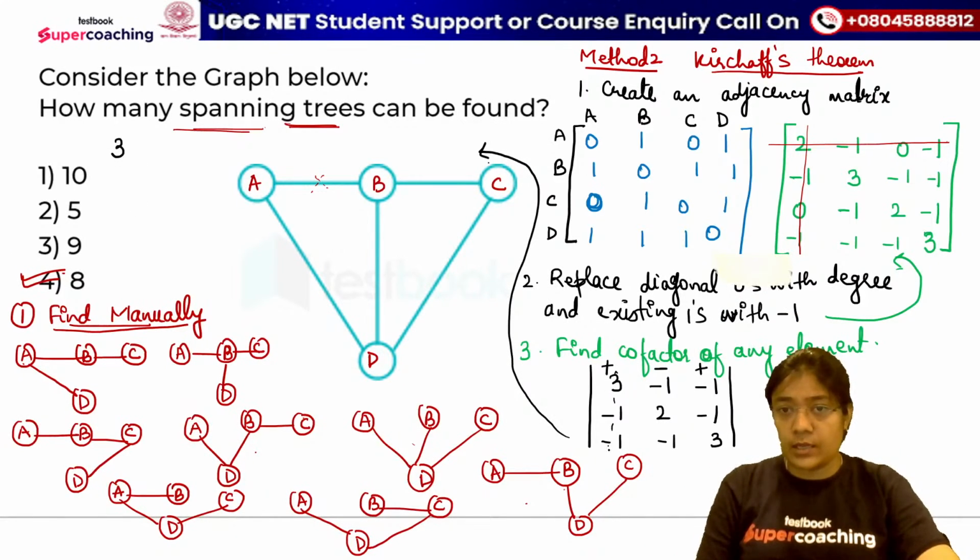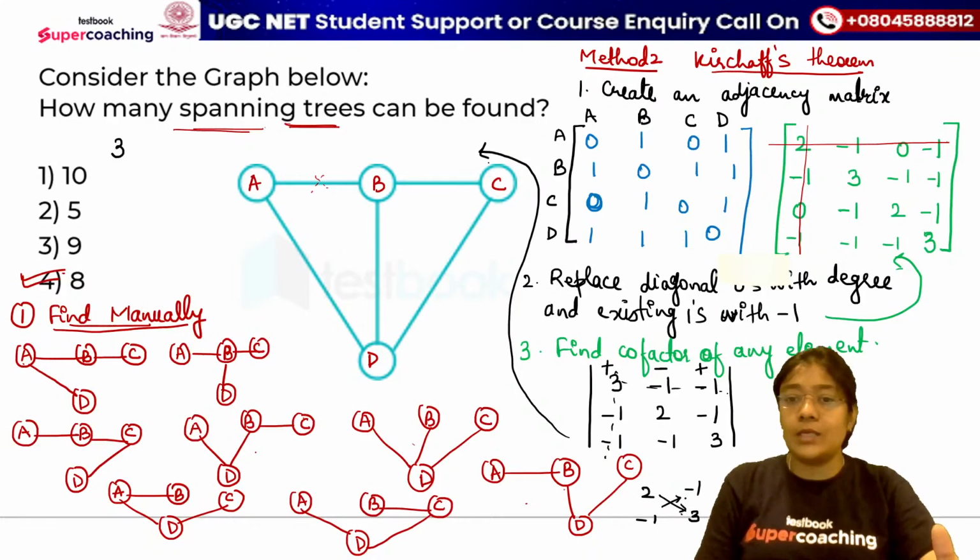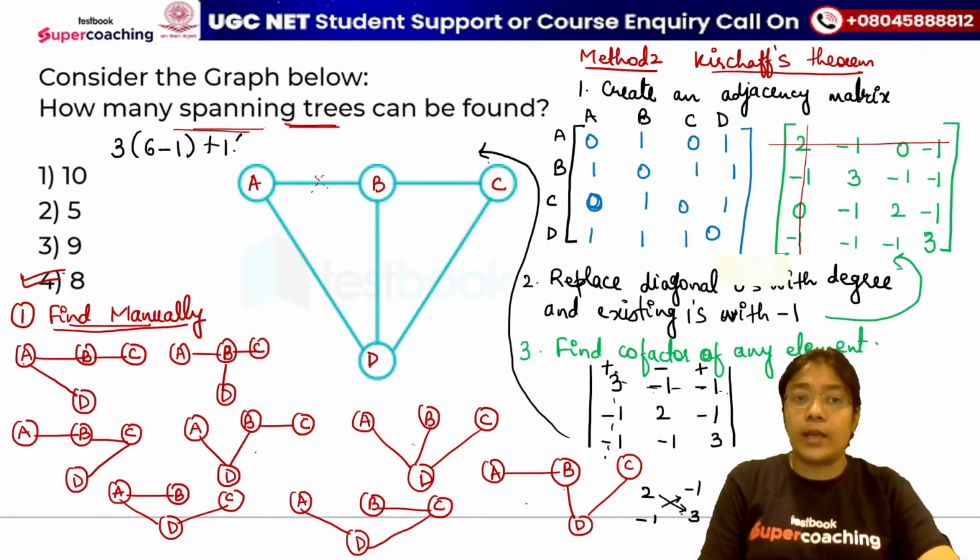So if I'm taking this one, so we are left with the elements 2, -1, -1. Cofactor find करना आता है सबको. So this is 2 into 3 minus -1 into -1 is +1. So 6 minus 1. So 3 into 6 minus 1. Now minus of -1. So this will be +1.